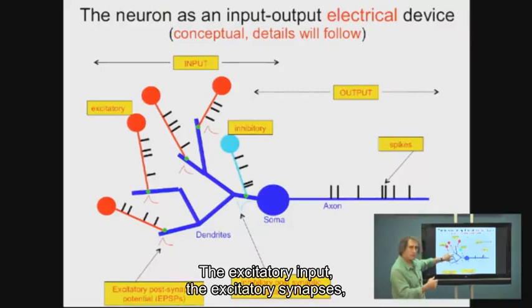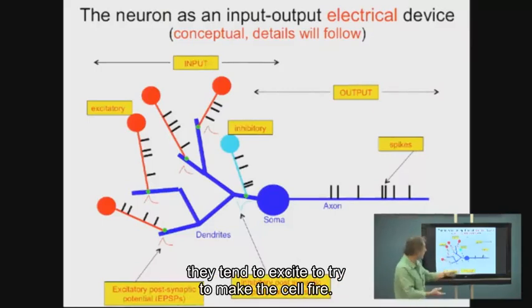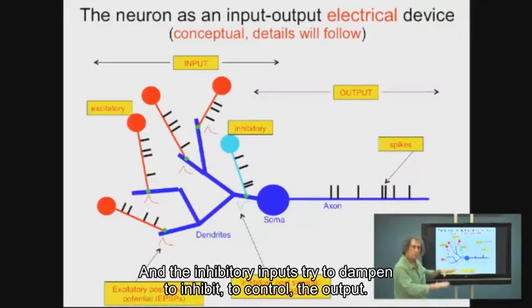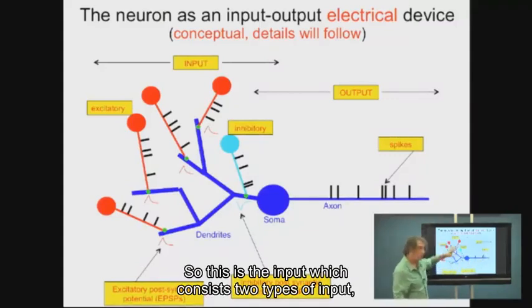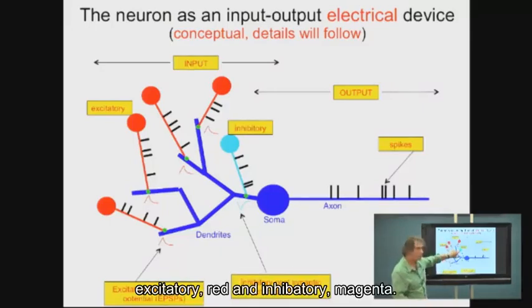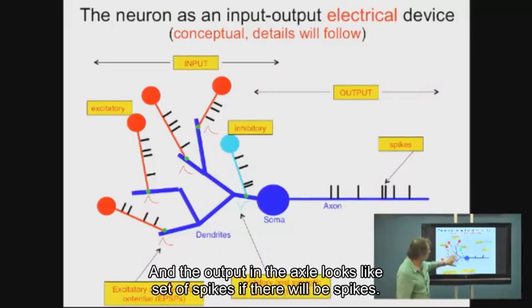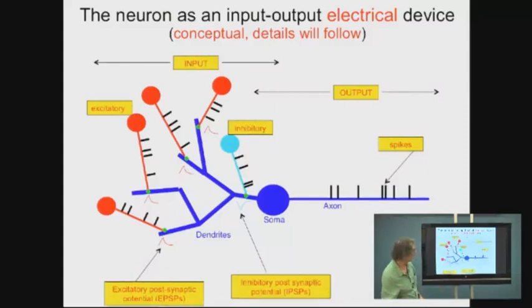The excitatory synapses that tend to excite, to try to make the cell fire, and the inhibitory inputs try to dampen, to inhibit, to control the output. So this is the input, which consists of two types, excitatory red and inhibitory magenta. And the output in the axon looks like a set of spikes, if there will be spikes.